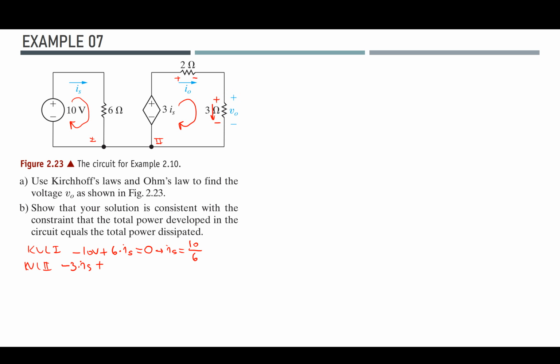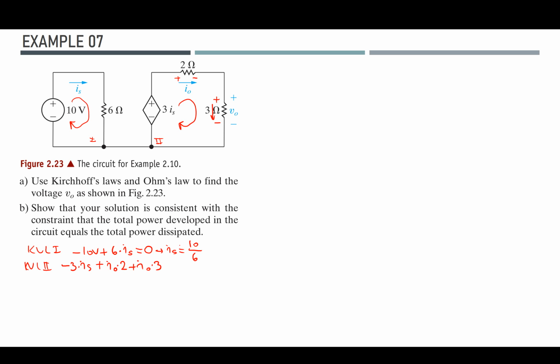So since I'm rotating in the same direction as the reference, it's going to be a positive sign, then the IO times 2 plus IO times 3.